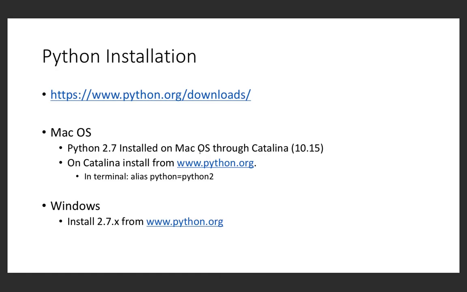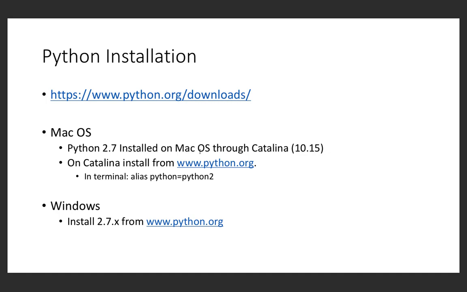So let's talk about how you install Python. If you're using the Mac OS, you're lucky, you already have Python installed. Python 2.7 is installed on all Mac OS installations through Catalina. Now Catalina does have Python 3 installed, so you'll need to go to python.org and download Python 2.